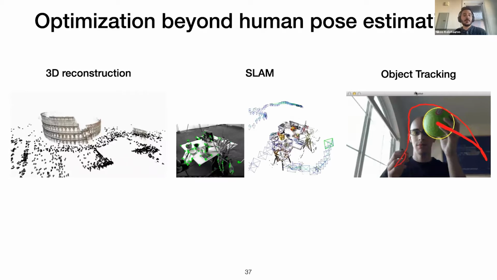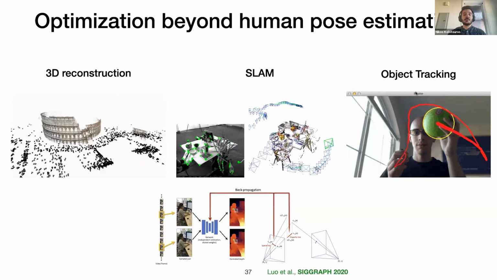So given some initial network predictions, one could formulate an optimization problem to refine them, and then use the optimization output to supervise the network during training. Similar ideas have been explored, for example, in consistent depth estimation from SIGGRAPH 2020. This work proposed to optimize the weights of a depth prediction network at test time using geometric consistency losses and improve the results significantly compared to the original network.